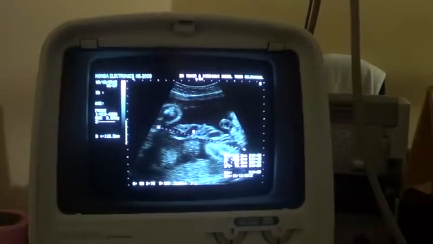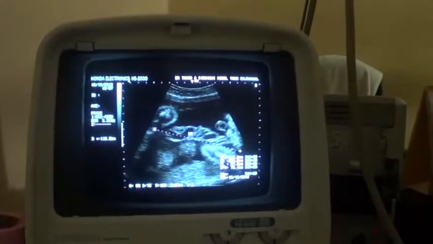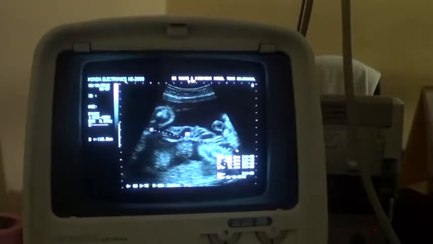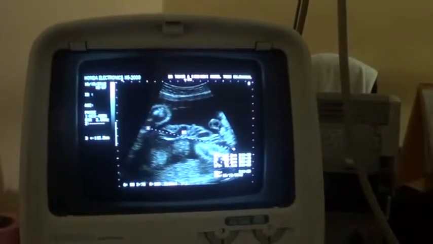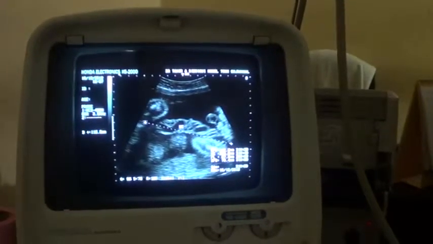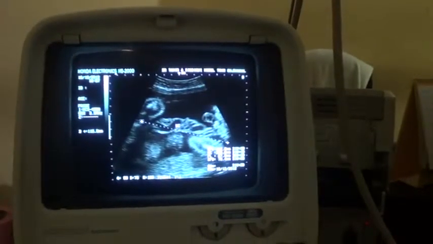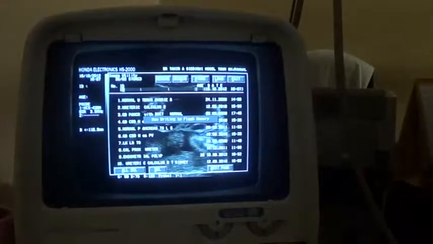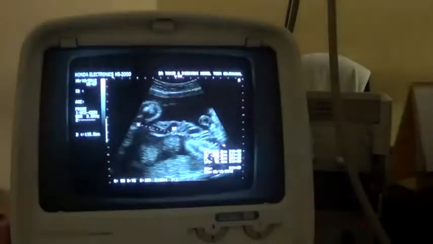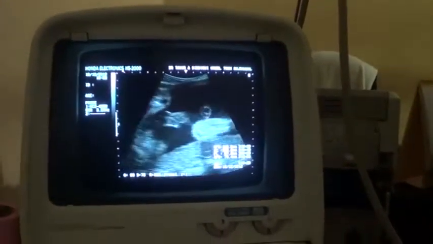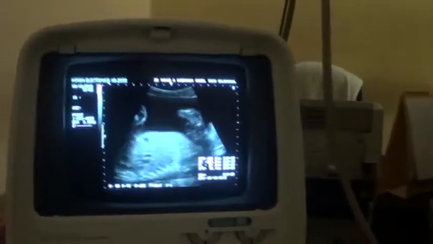Up to 8 centimeters is acceptable, and above 8 centimeters is considered normal. So this is a normal length of the umbilical cord, having 2 arteries and 1 vein, which is the requirement for a normal umbilical cord. So the umbilical cord is normal.